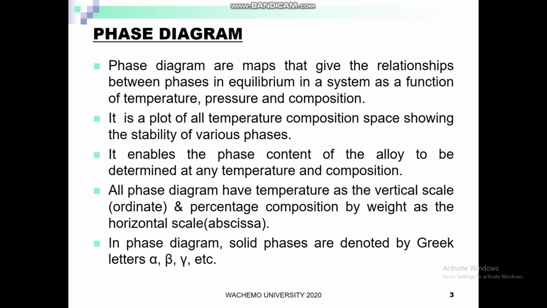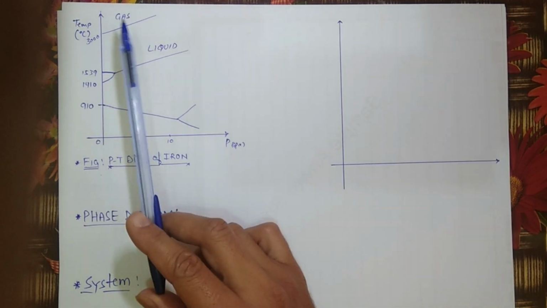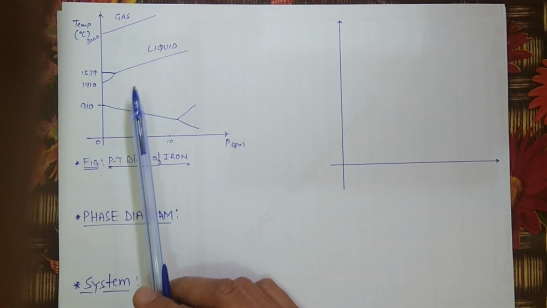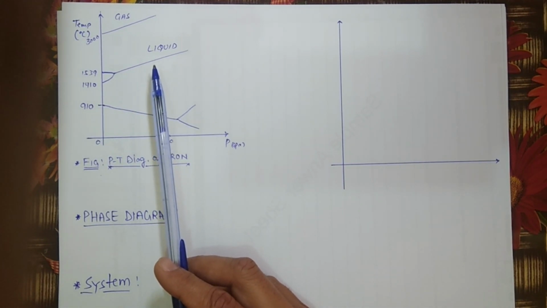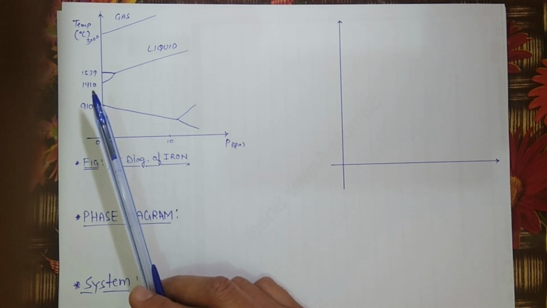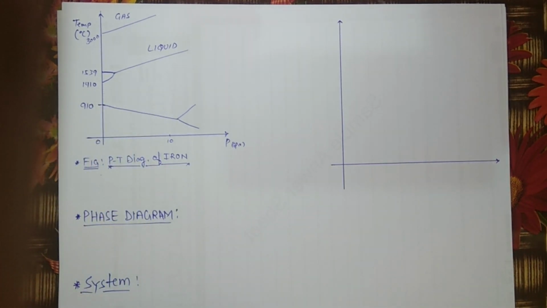Like for example, in this diagram you can see I have represented the gaseous state of iron, which is above 3000 degrees centigrade. Then I have represented the liquid state, which is above around 1539, the melting point of iron, so it is above that temperature. Now if I'm going to represent the solid state in this phase diagram of iron, then I will make use of these Greek letters alpha, beta, gamma, delta.